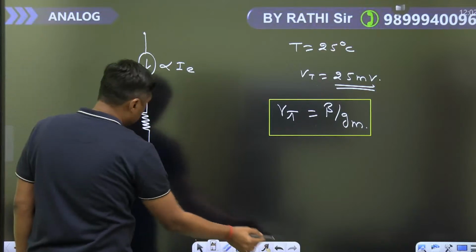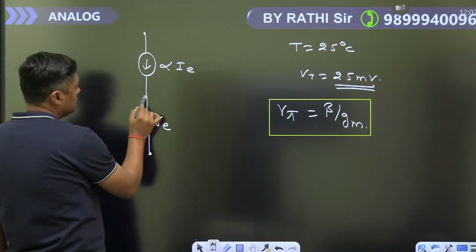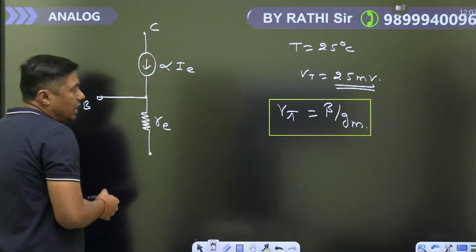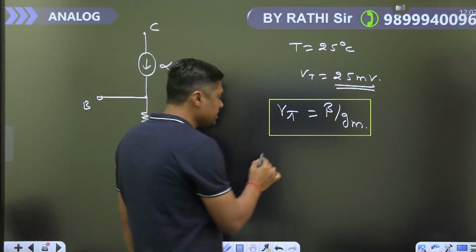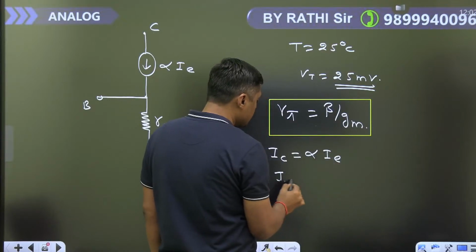This is the resistor RE and this is the base terminal B, collector terminal. Alpha is also the current gain, that is IC is equal to alpha IE, or you can say IC is equal to what? Beta IB.